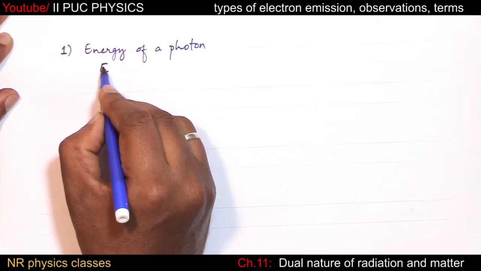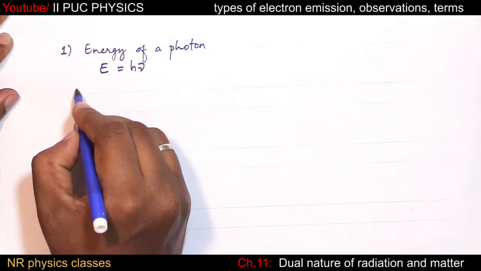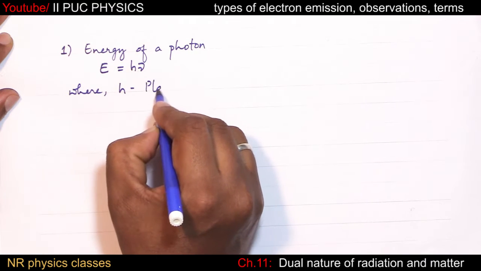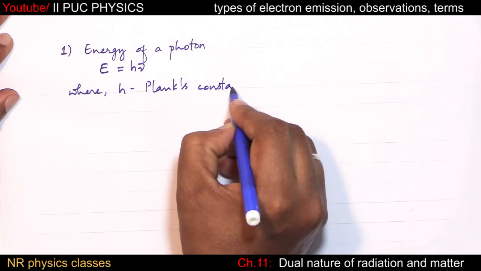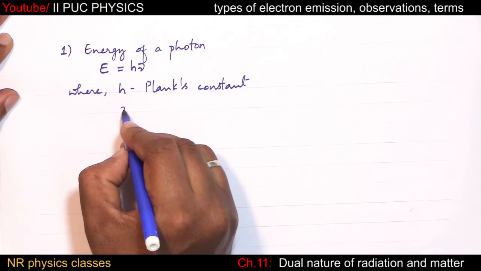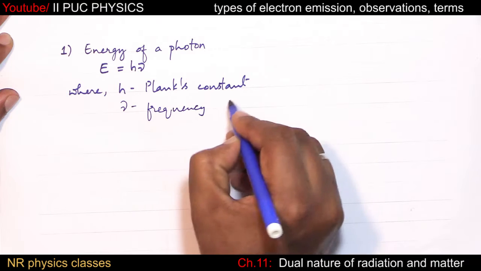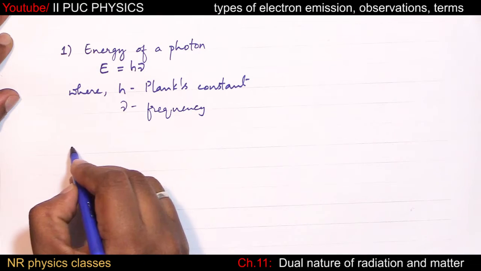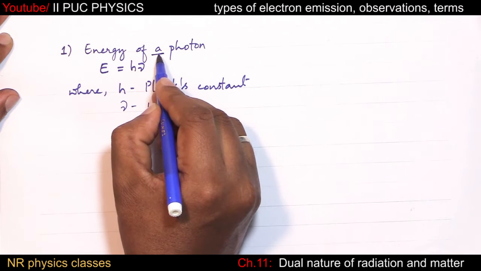Energy of a photon, E, is given by h nu, where h is Planck's constant and nu is frequency of radiation. This is only one photon, energy of one photon.